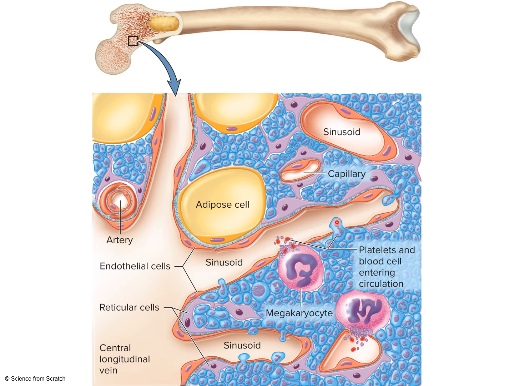Here you have a white blood cell squeezing through these endothelial cells and getting into the sinusoid so it can go down into that central longitudinal vein. And then you have these kind of purplish cells. Those are the reticular cells.